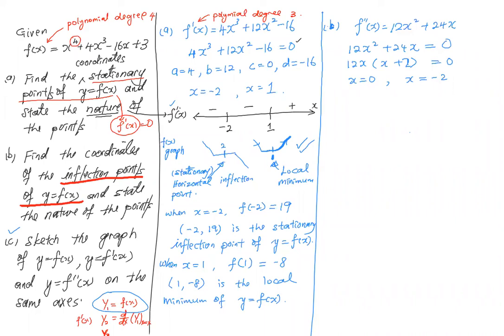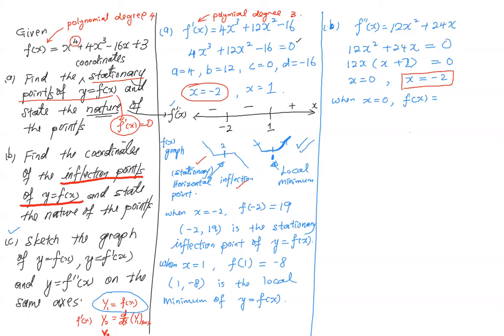Do you realize that? This one appears here, it also appears here. That's why we call it stationary inflection. So the other point will be a non-stationary inflection point. So what I can do now is, when x equal to 0, what is my f(x)?